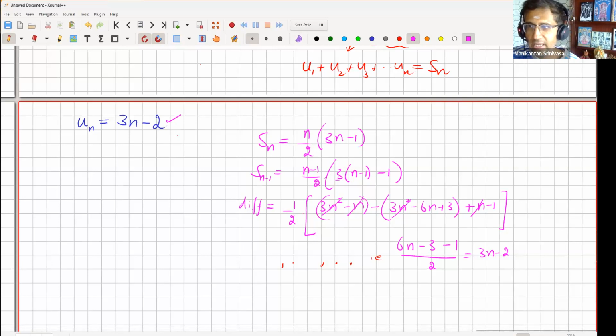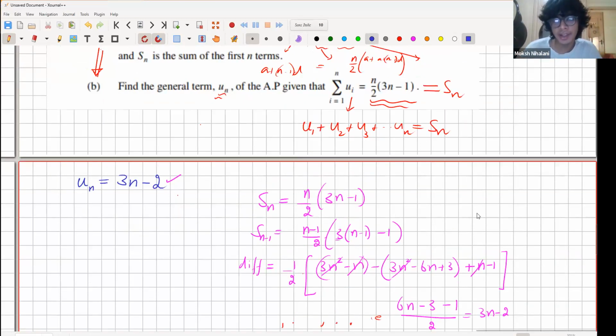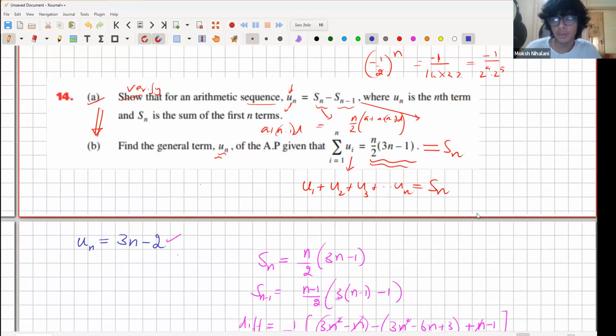Okay, now can anyone think of another way of arriving at the same 3n minus 2? I know of it. Okay, go ahead, Moksh. Tell me, please. It's the summation of ui, which is the ith term, which is basically just the summation of the whole series Sn, right?